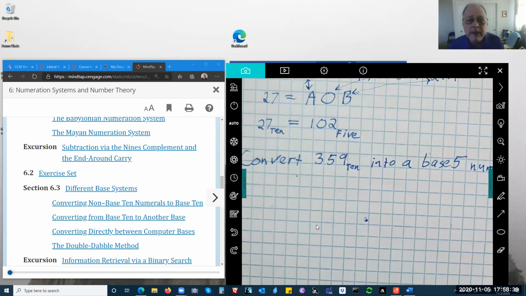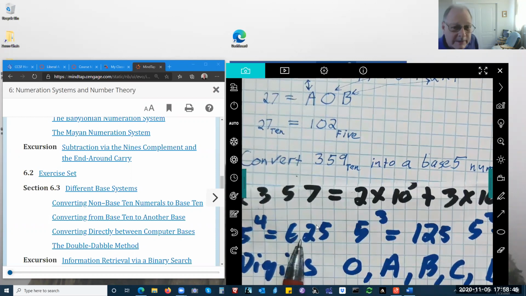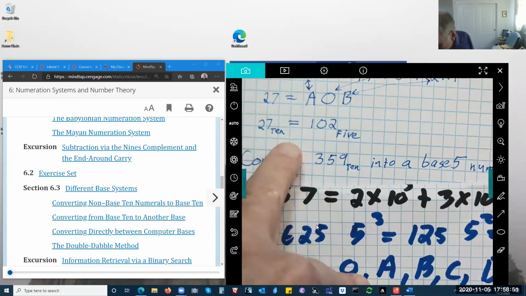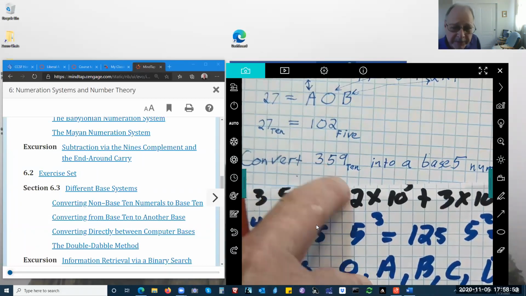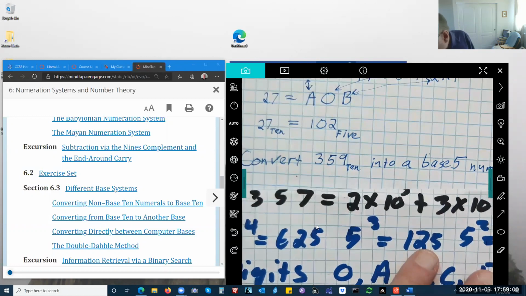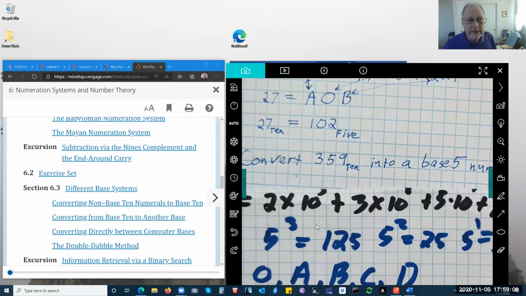So we start at the high end and we ask how many 625s will fit inside 359, and there are not going to be any 625s, but we can get 2 or 3 125s in there.